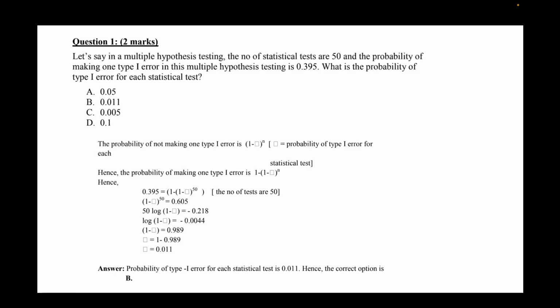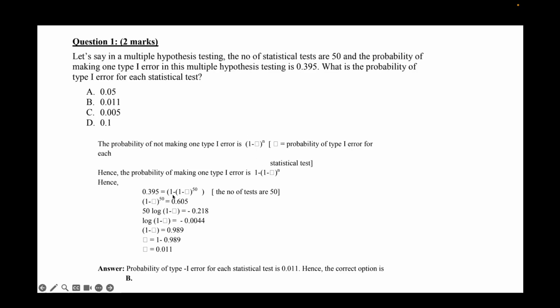So the probability of not making a type 1 error will be 1 minus that, to the power of the number of statistical tests you are doing, in this case n, which is equal to 50 here. So the probability of not making a type 1 error is given by 1 minus the symbol to the power n, and the probability of making a type 1 error will be 1 minus this whole expression, right?